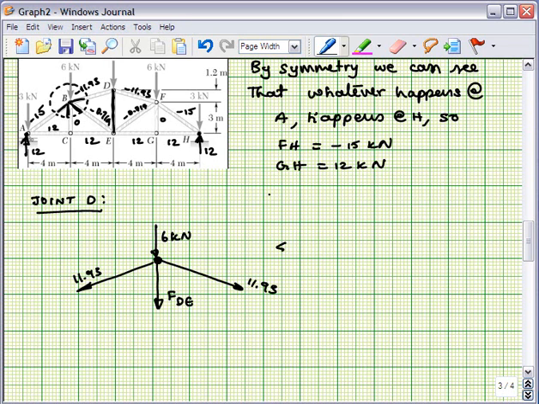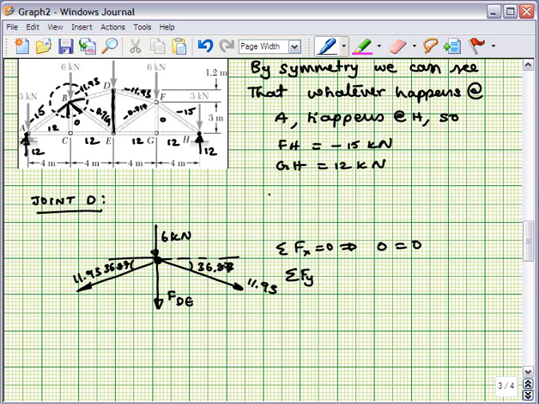If you sum all the forces in the x direction, and remember that this angle is 36.87, it's pretty easy to calculate that the summation of all the forces in the x direction will give you 0 equal to 0. That's good.